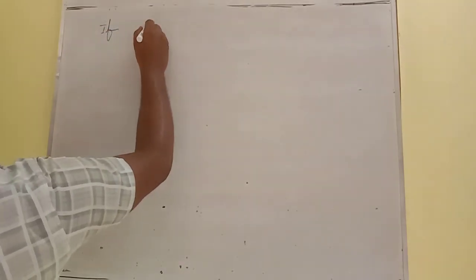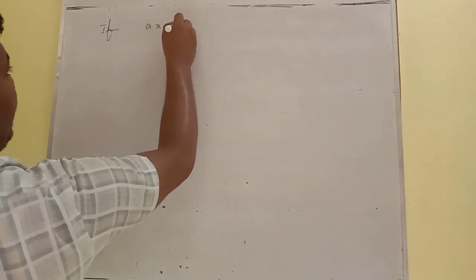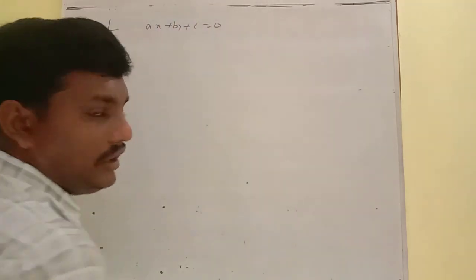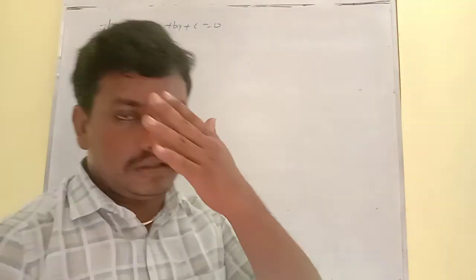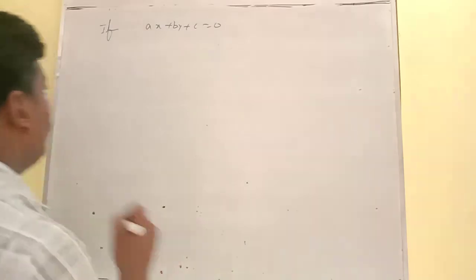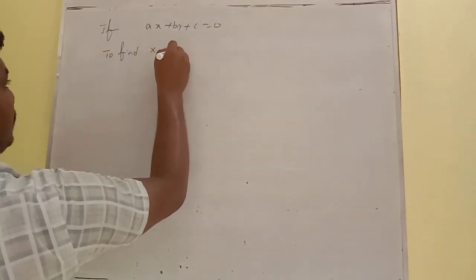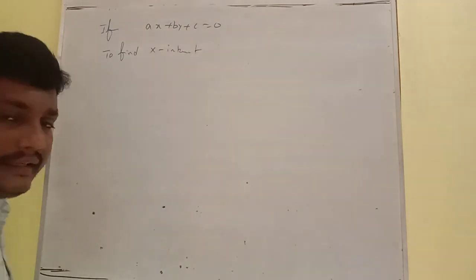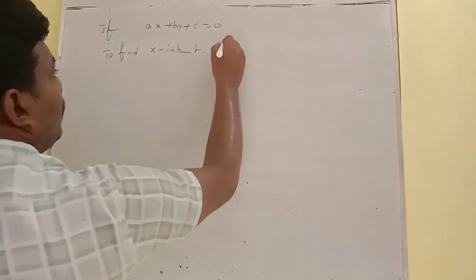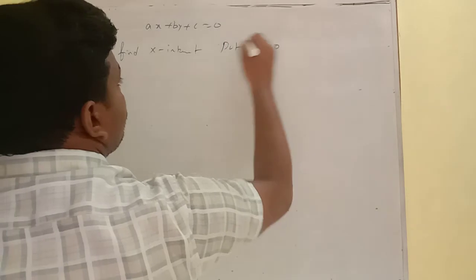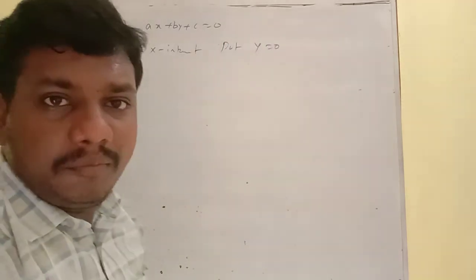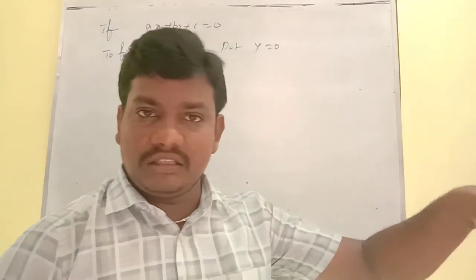If ax plus by plus c is equal to 0 is the general form, how to find the x-intercept and the y-intercept? To find the x-intercept, we put y is equal to 0, because x-intercept means where the line touches the x-axis.